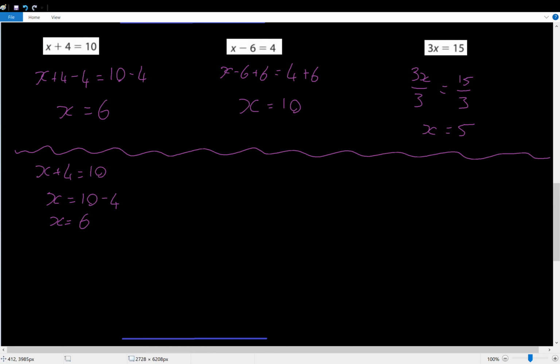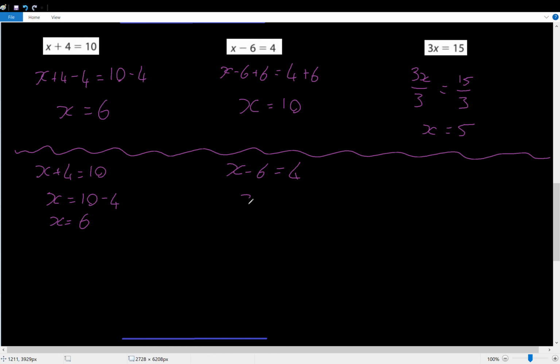So we're basically doing the same thing. This is just seen as more of a shortcut method, and approaching it in this way will make future questions a little bit more convenient to do. Let's apply the same altered approach to the second example here. So we start off with x minus 6 is equal to 4. Now we're going to move this minus 6 across the equals, and it's going to change its sign from minus to plus.